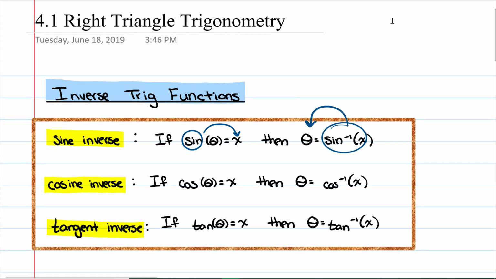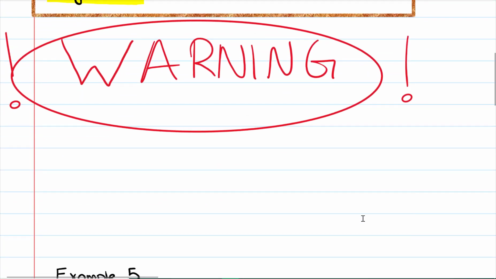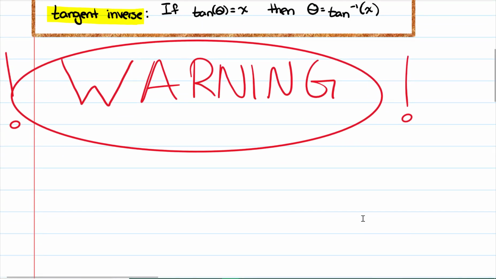Cosine inverse, we write as cosine inverse of x, and tangent inverse of x. There is some confusion when it comes to sine and sine inverse. So I first want to make the point that sine inverse of x does not equal 1 over sine of x.